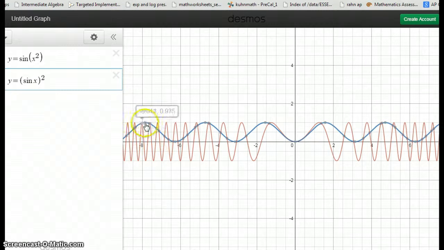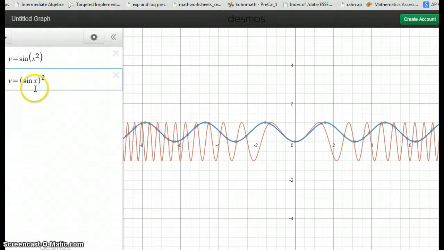Notice how the entire graph is above or intersects the x-axis, because it's a quantity squared and it has to be 0 or positive, whereas sine of x squared still has the outer function as the sine, so it still varies from 1 to -1 on the y values. So big difference, these two functions are not the same.